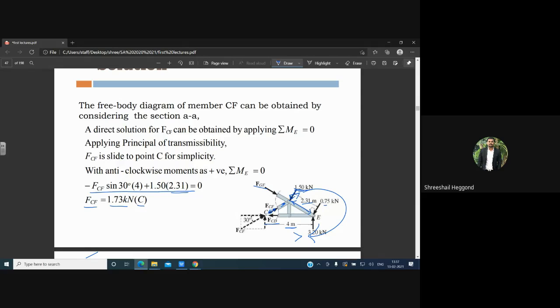If you are considering the opposite direction, then you would have got the value as negative, then you need to rewrite it as compression member.